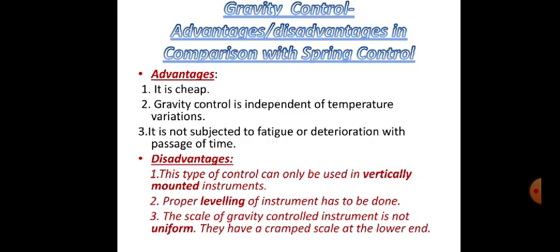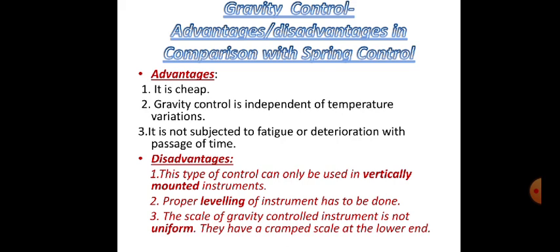Now we will discuss the advantages and disadvantages of gravity control vis-a-vis spring control. What are the advantages? The advantage of gravity control is that it is cheap. Here we are only using a particular weight, so it is cheaper than the spring control method. Gravity control is independent of temperature variations, unlike the spring control method.